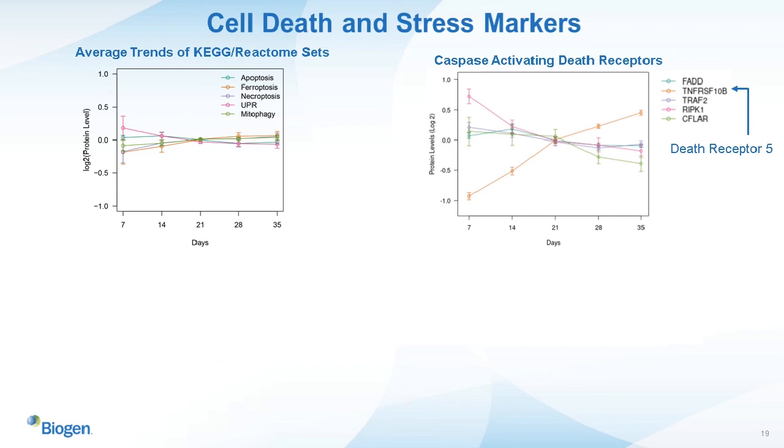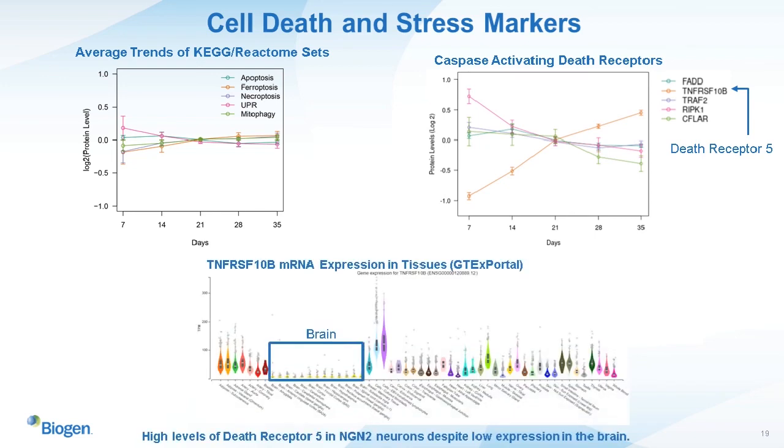A particular protein called death receptor 5 showed a consistent upregulation throughout our experiment. Interestingly, if we look at transcriptomics data from tissues, it is a receptor that is basically not expressed in brain. So we are still wondering about this finding and whether the upregulation of this death receptor might render NGN2 neurons more susceptible to apoptosis, but we are currently looking into this.